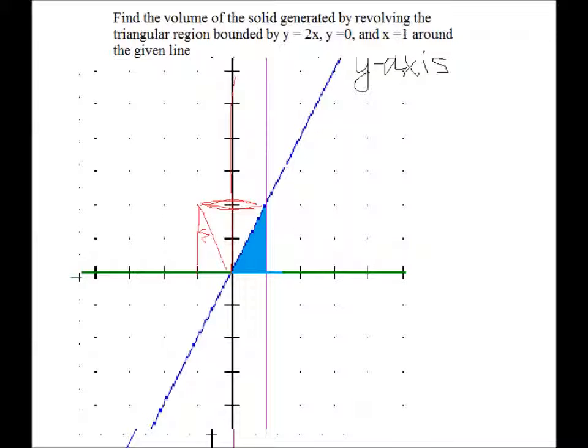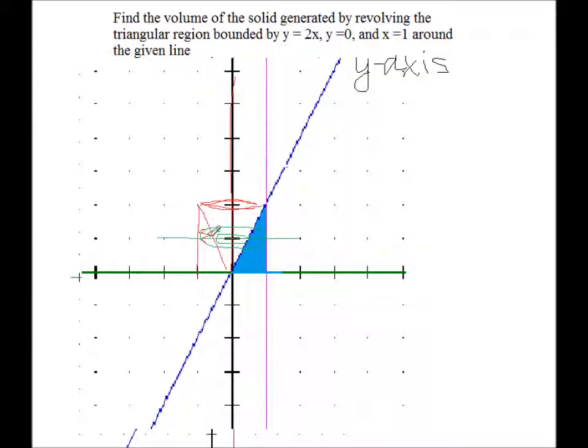So if we think of a cross-section going against that, we'd get a larger circle and then a smaller circle.